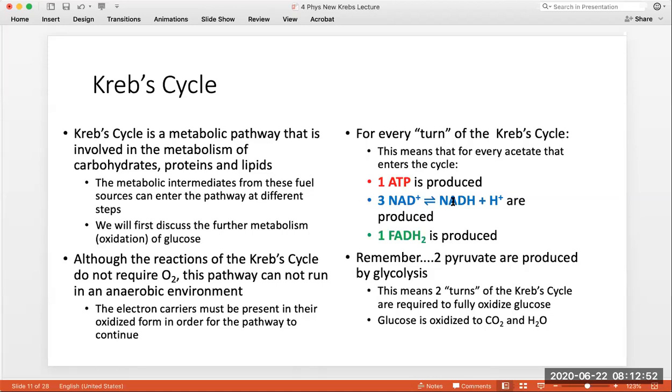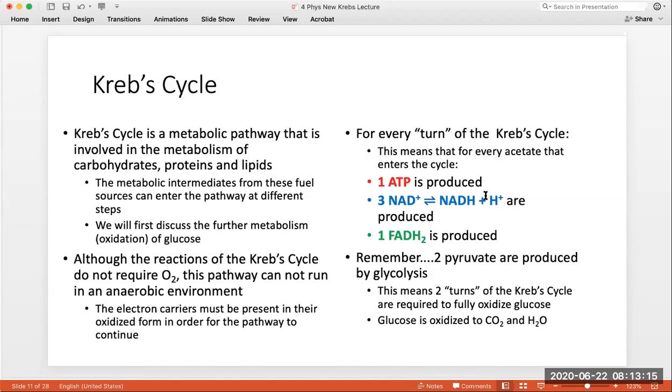The electron carriers are going to transfer their electrons to the electron transport system, and what is driving that entire process, pulling those electrons towards the electron transport system, is oxygen. So even though the Krebs cycle itself does not require oxygen, it cannot run without oxygen present.